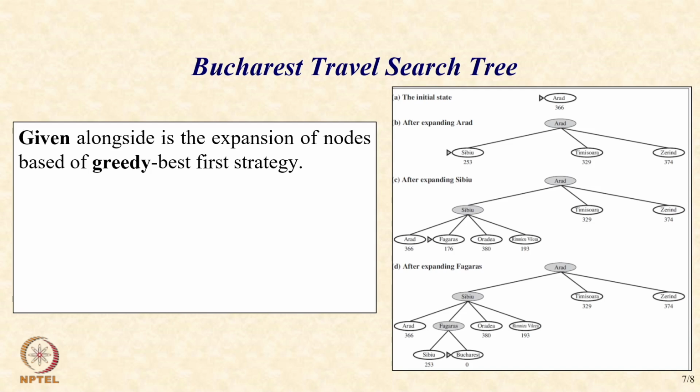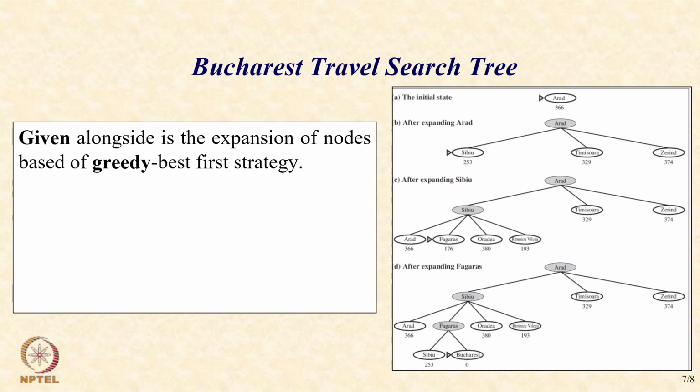One is going back to Arad, which obviously is of no use, and also has the largest cost. Now, you have Făgăraș from Sibiu, which has a cost of 176, which is the lowest. So, you take that route from Sibiu to Făgăraș, and then you find that from Făgăraș the distance to Bucharest is direct, there are no more successors except the goal node, that is Bucharest, at 0.